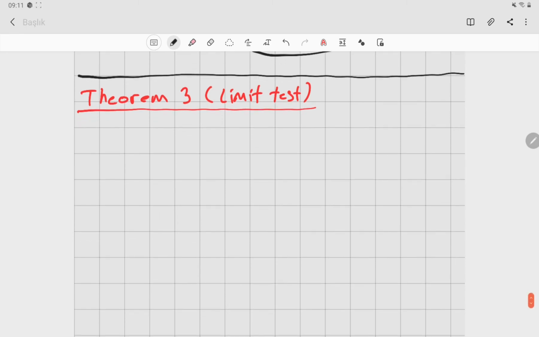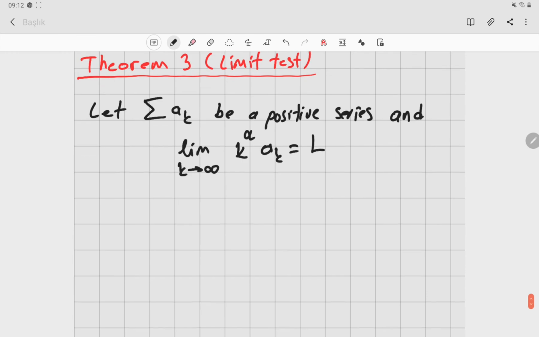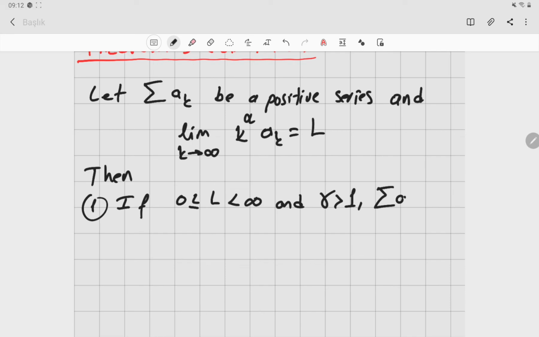Let a_k be a positive series and limit as k goes to infinity of k to the alpha multiplied by a_k equals L. Then if this limit is greater than 0 and smaller than infinity and alpha greater than 1, then the sum of a_k is convergent.